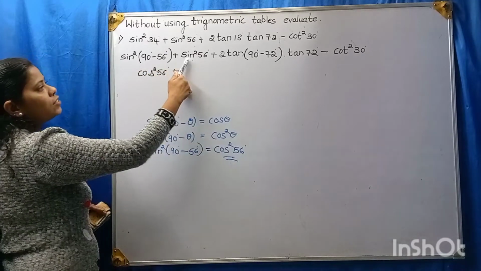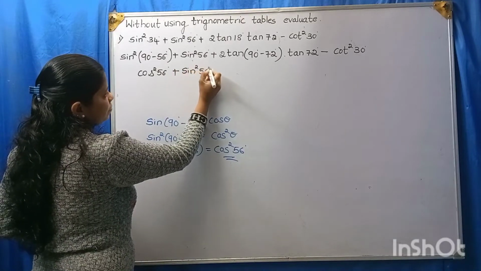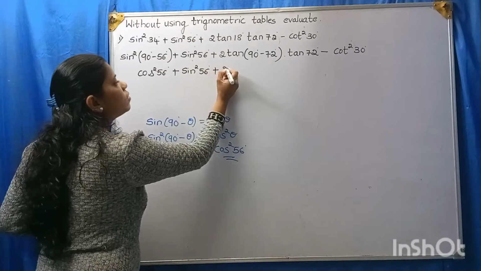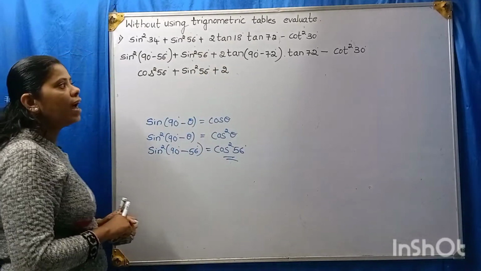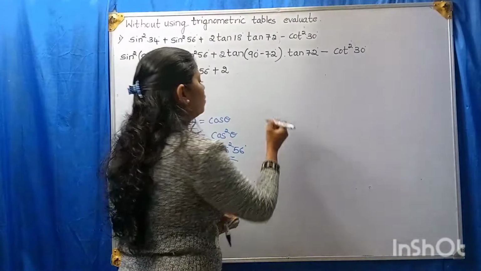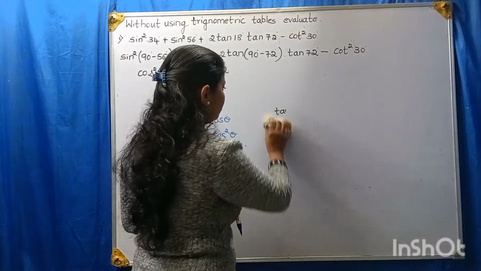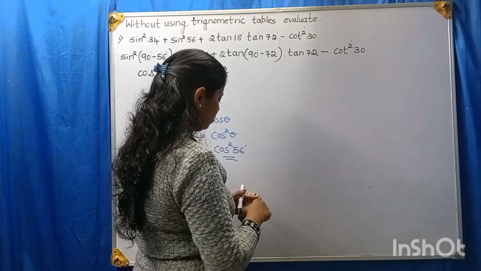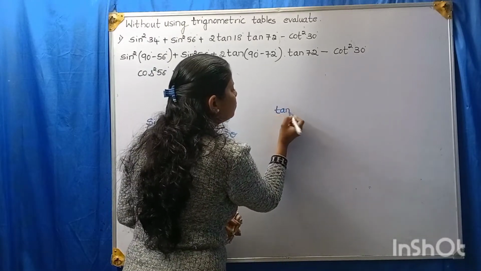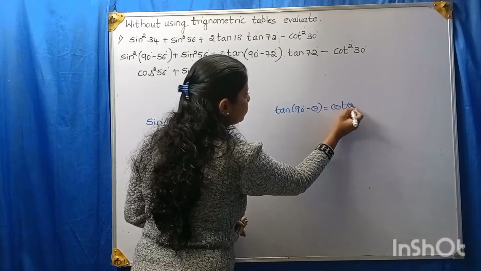Plus sin square 56 degree plus 2 into tan 90 degree minus theta is what? Cot theta, right? Tan 90 degree minus theta is cot theta.